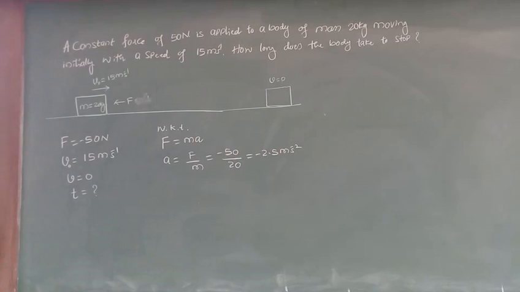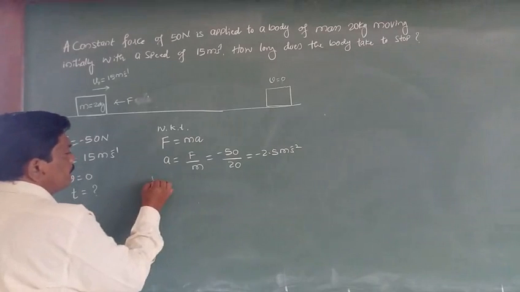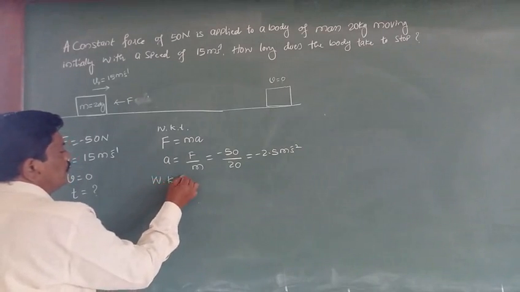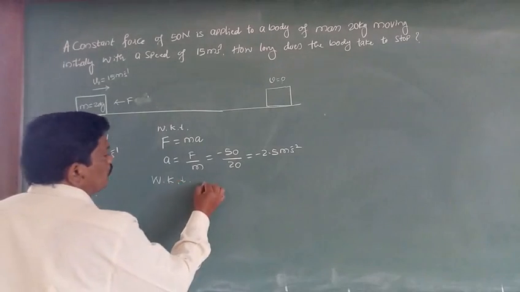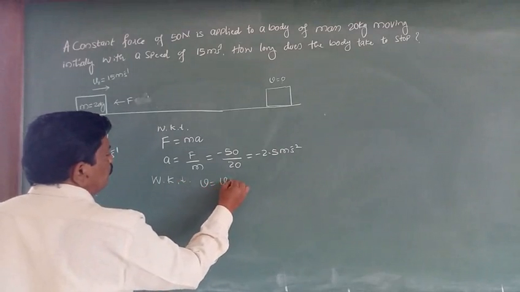Now, by knowing the acceleration, how to calculate the time taken to stop the vehicle? We know one more relation, V equal to V naught plus AT.